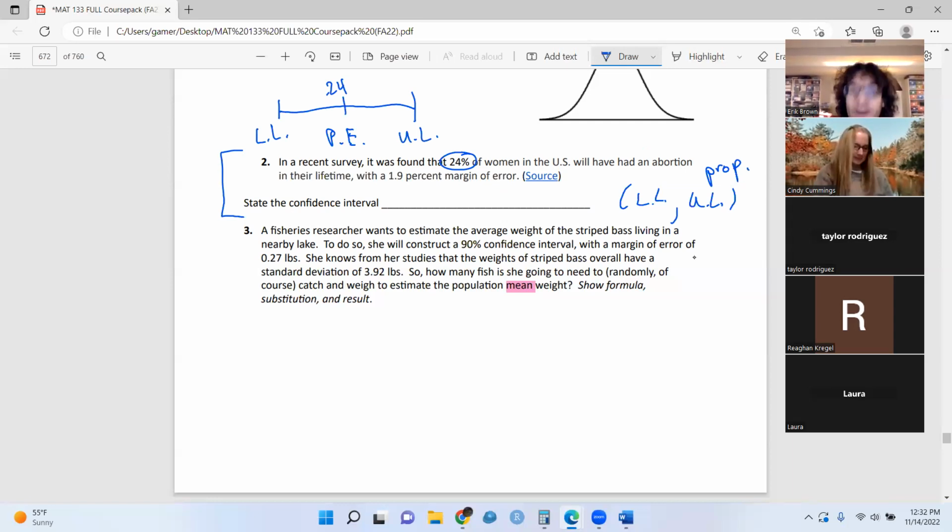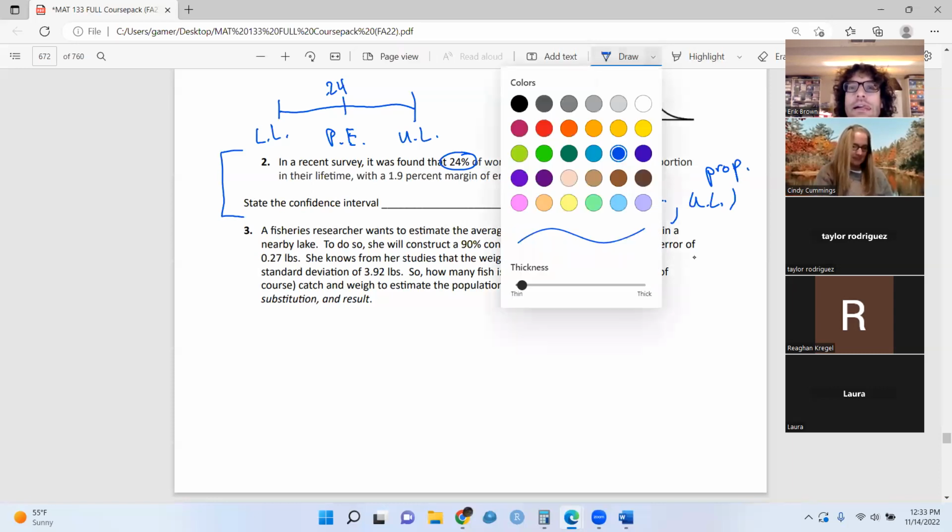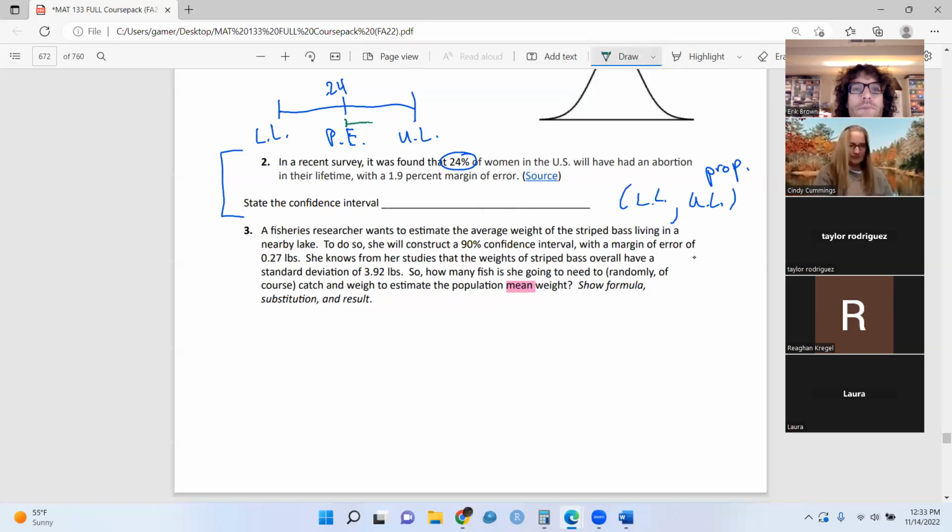Where is the margin of error? It's 1.9, so we do 0.24 minus 1.9 and plus 1.9 to get the upper and the lower. Be careful because you mixed percent and decimal there. So if you're going to use 1.9, that's 1.9%, add it to the 24%, or convert them both to decimal, 0.019.